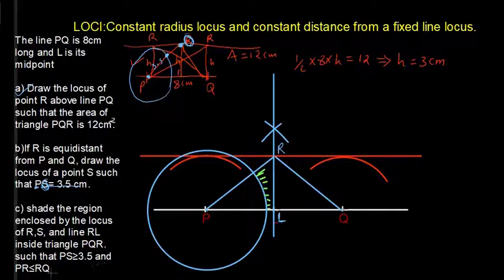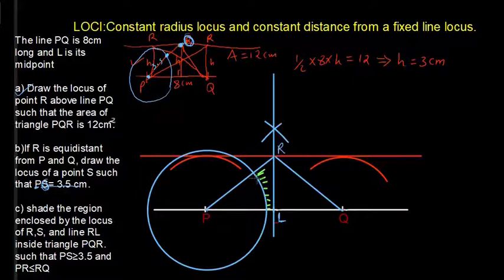Next, we're told that PR is less than or equal to RQ. So PR, like we have PR and RQ. And remember, R was a point on the locus. So here we are talking about this perpendicular bisector locus, perpendicular bisector of PQ. So if PR has to be less than or equal to RQ, then the side that is less than RQ is this other side.